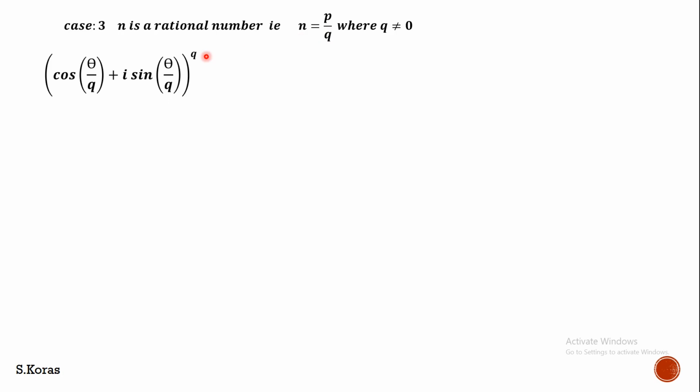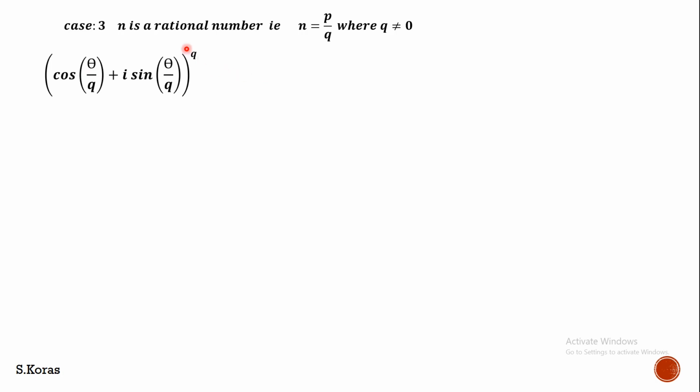So according to the first case and the second case, if this power is an integer, we can bring it inside. Because (cos theta plus i sin theta) the whole power n is equal to cos n theta plus i sin n theta. We proved it for positive integers as well as for negative integers.